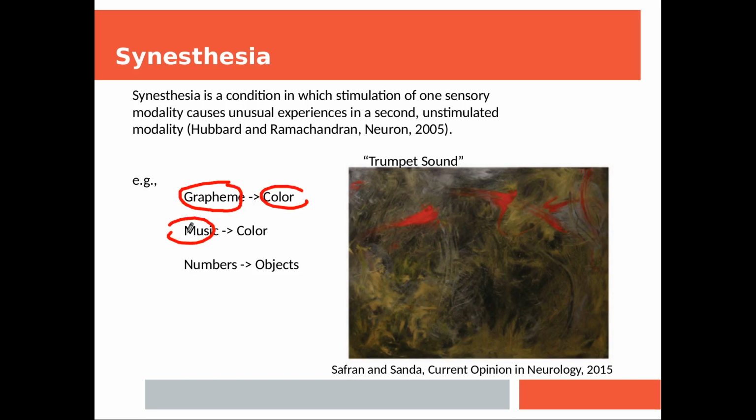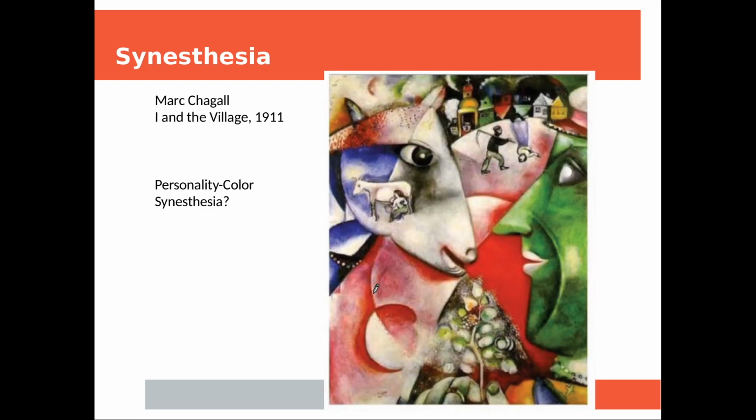They can experience music as a color. They can experience numbers as objects, like the number 5 is a chair or something like that. Not the picture of the number 5, but the abstract idea of it. Maybe this guy, Marc Chagall, a relatively famous painter from the early 20th century, is proposed to have had some sort of personality color synesthesia.